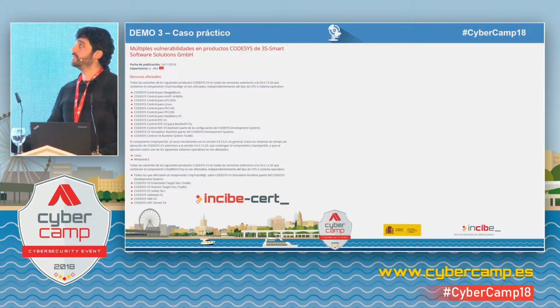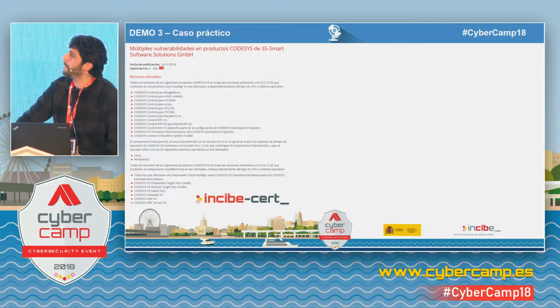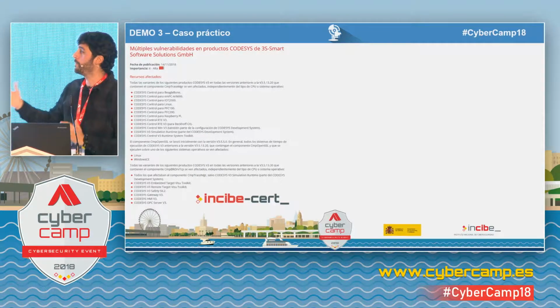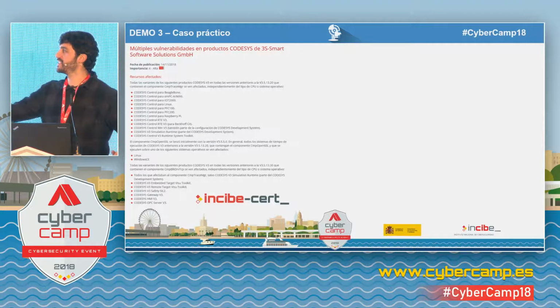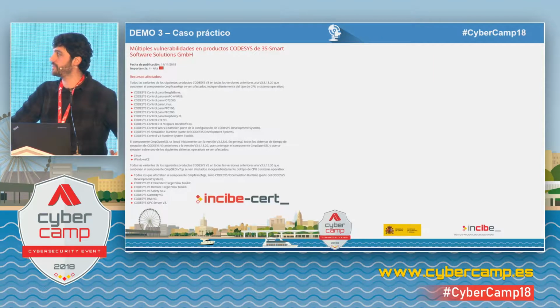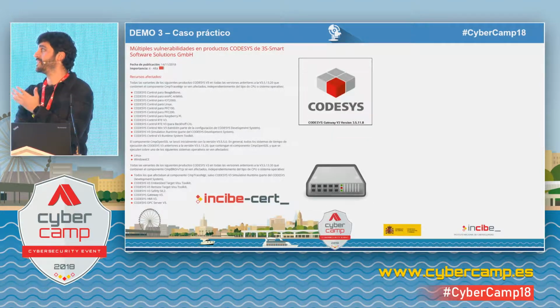I have time. This is a practical case. I just wanted to show you how INCIBE, with its warning service, creates a series of warnings related to industrial cybersecurity, and I would like to show you how you can implement it very quickly.